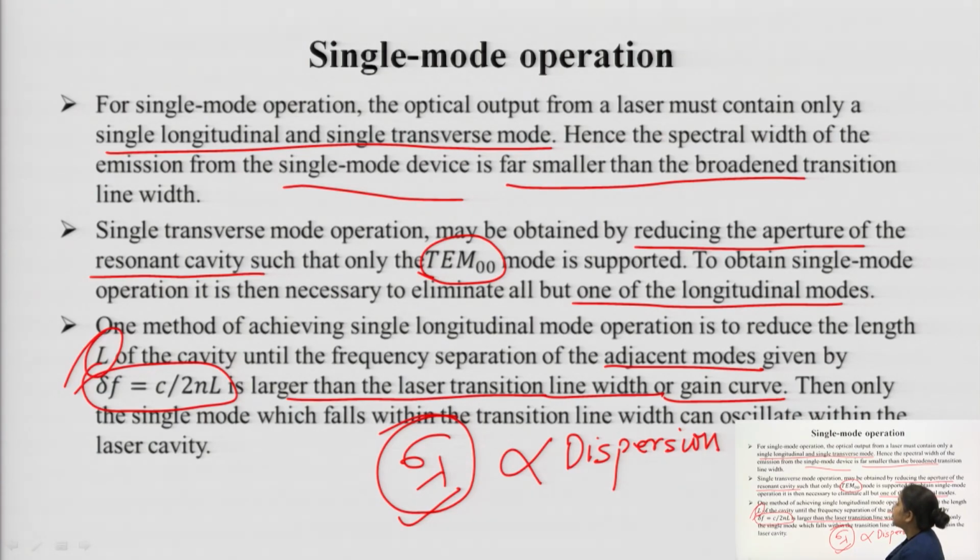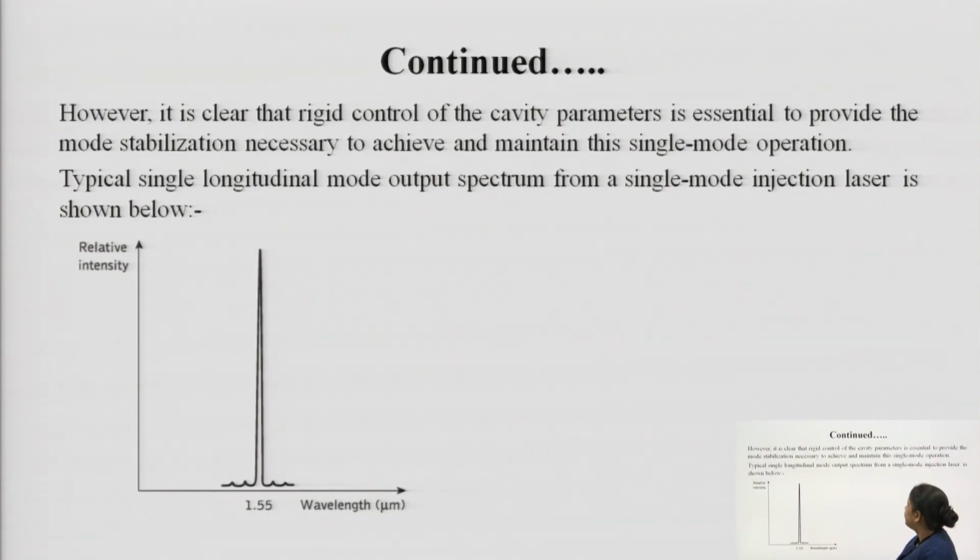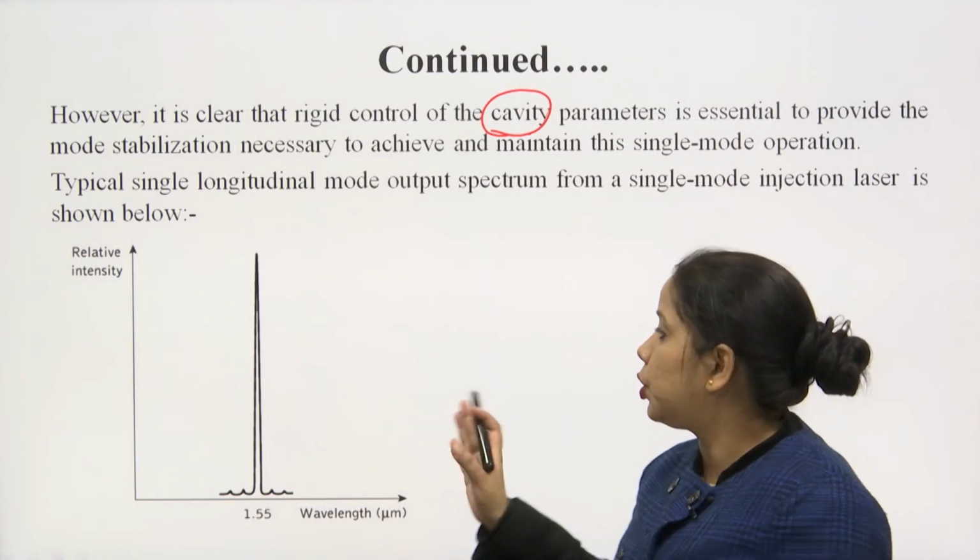So, we have to follow these two conditions for laser mode operation. And when single mode operation is achieved, we get a single peak of wavelength. However, it is clear that rigid control of the cavity parameters is needed. Only by controlling the cavity parameters are we able to do this.